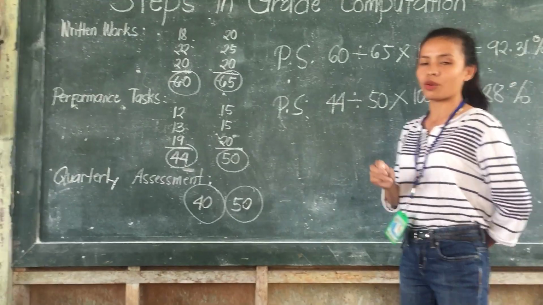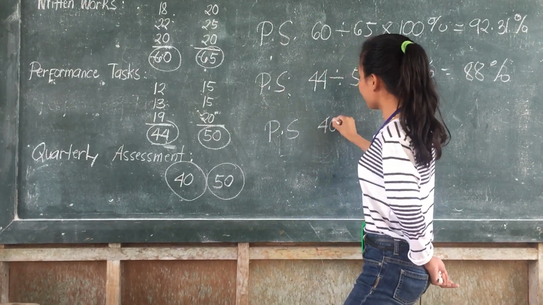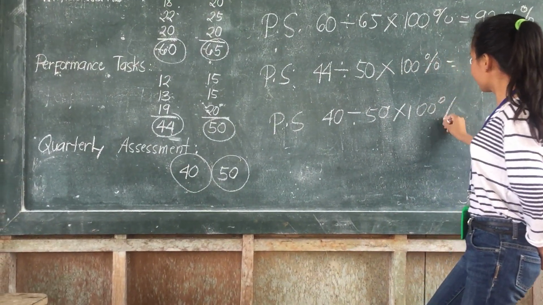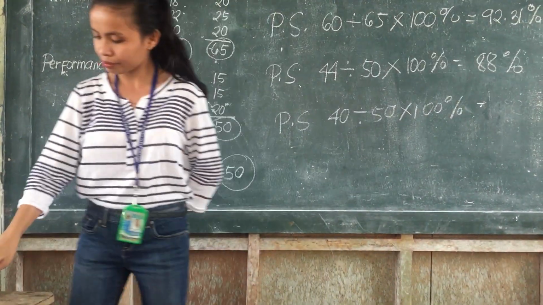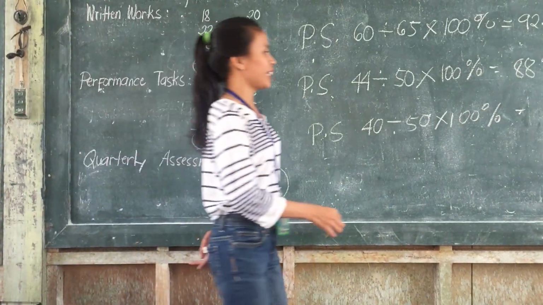And lastly, for the quarterly assessment, 40 divided by 50 times 100% equals 80%.